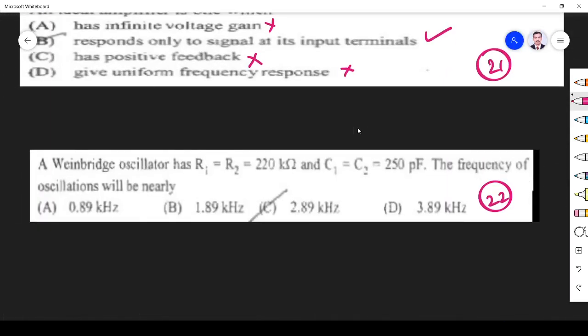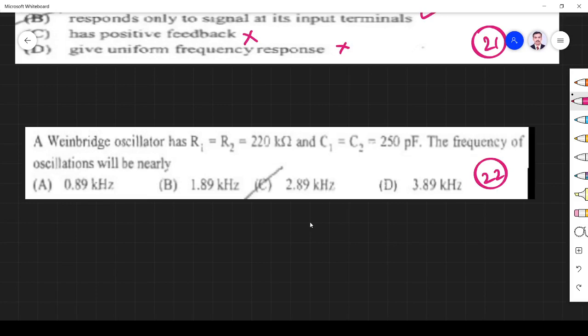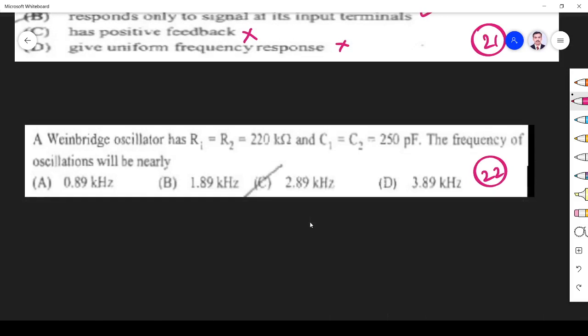So next one, the Wien bridge oscillator is given here, R1 R2, right? Okay, this is very simple. The Wien bridge oscillator has R1 equal to R2 equal to 220K, C1 equal to C2 equal to 250 picofarad. What is the frequency of oscillation? For the Wien bridge oscillator, frequency of oscillation is given by 1 by 2 pi root of R1 R2 C1 C2. R1 is given, R2 is given, C1, C2 is given.